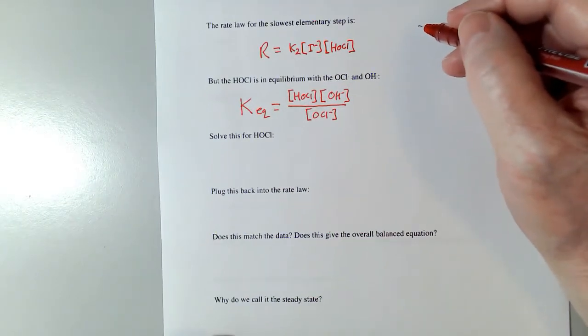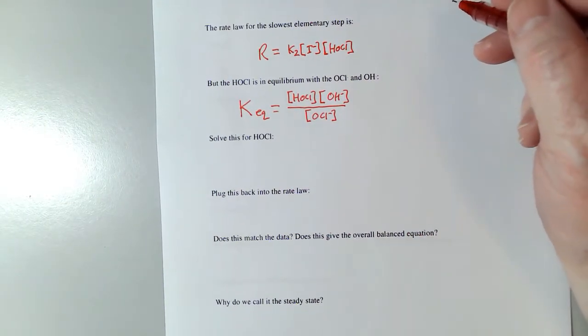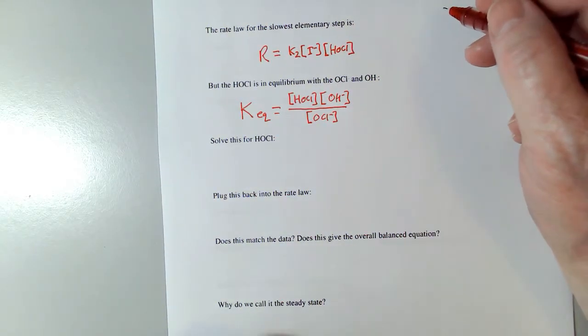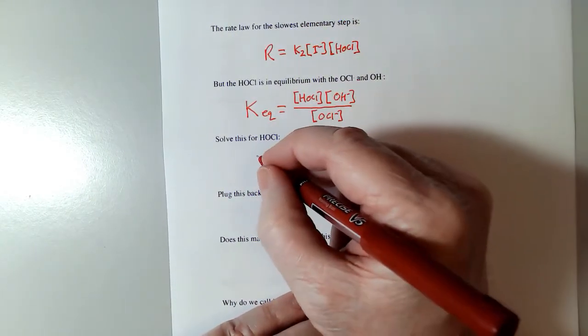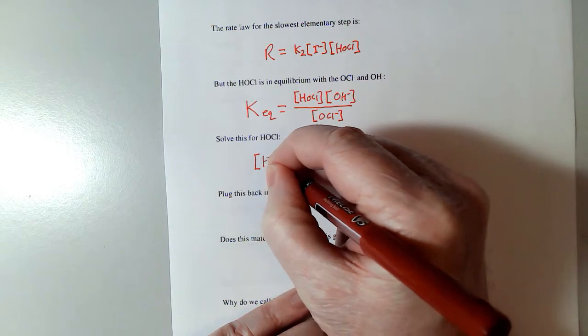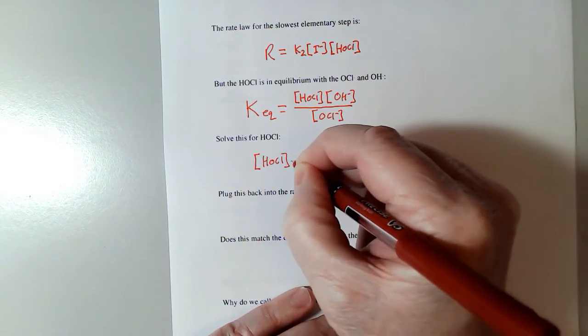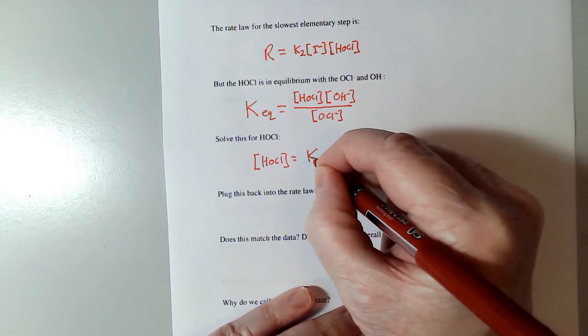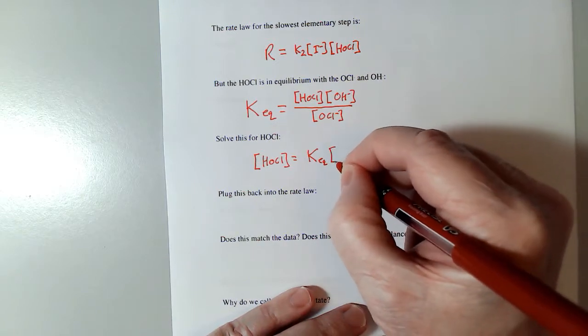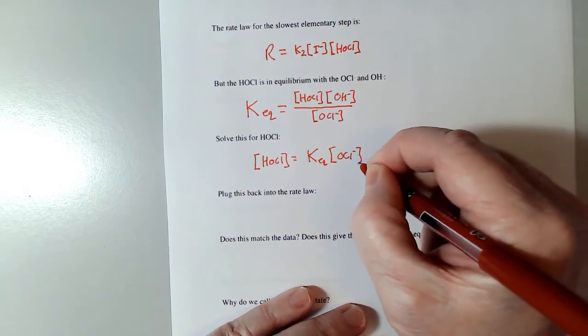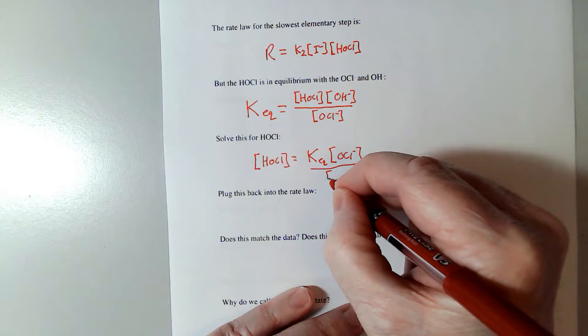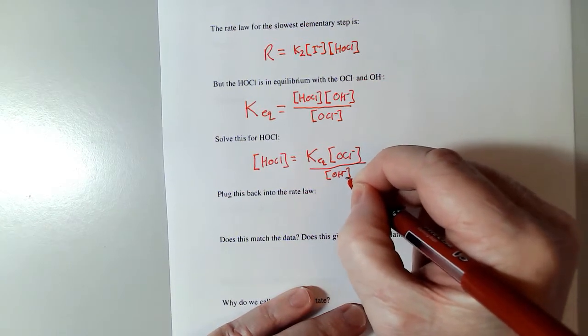Equilibrium constants were the last thing we did last year before we went into the shutdown. Okay? Now I'm going to rearrange this and solve for the HOCl. It's going to equal KEQ times OCl minus divided by OH minus.